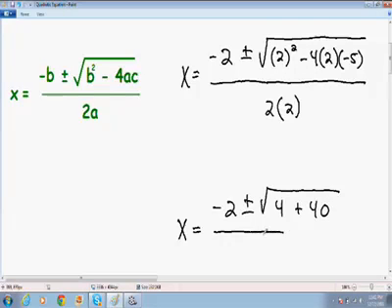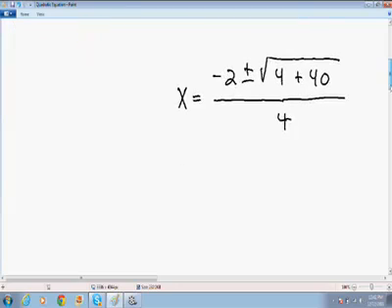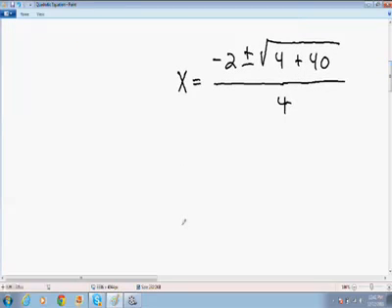All of this is divided by 2 times 2, which is 4. Now I'm going to simplify the square root even more. This becomes x equals negative 2 plus or minus, and 4 plus 40 is 44, so the square root of 44.